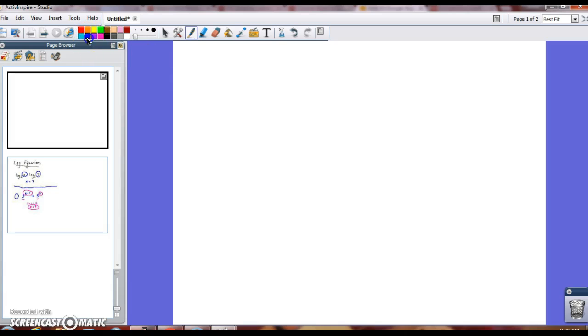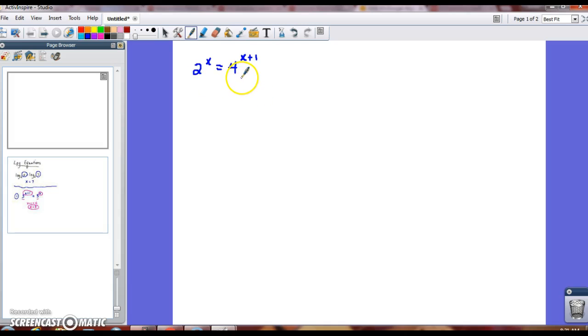Let's say we have a problem like this: 2 to the x is equal to 4 to the x plus 1. Now, clearly those bases aren't the same. However, I can write them so that they are the same. Keep in mind, I am not changing the value of anything. This is an equal sign, so I can't change it so that they're no longer equal to each other.